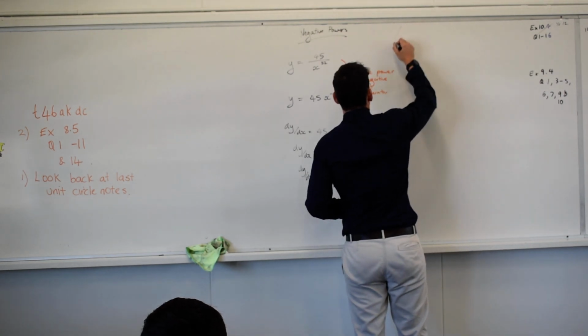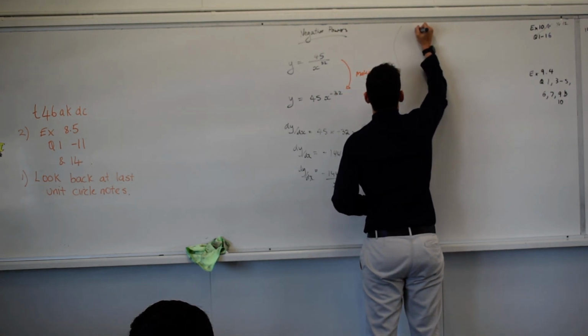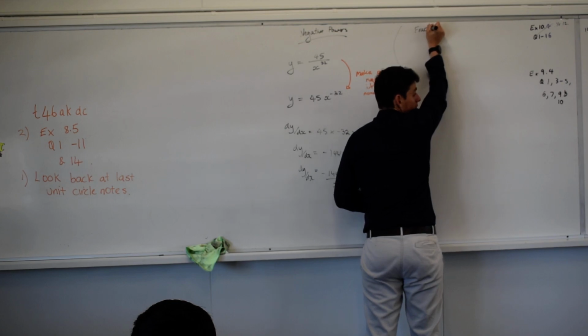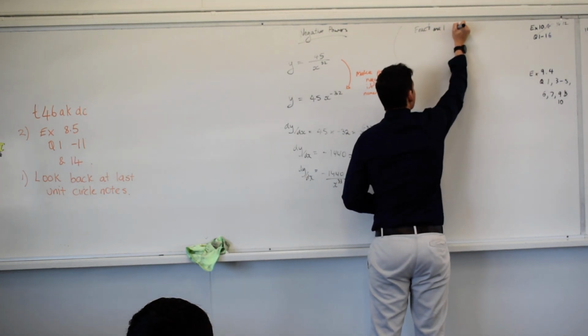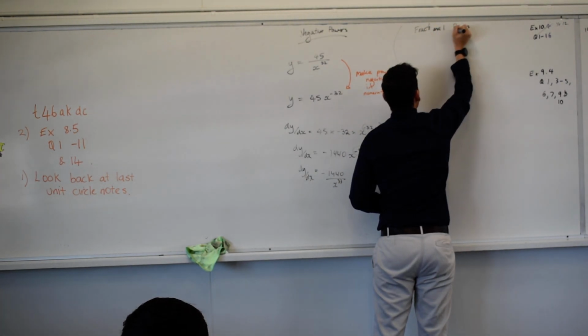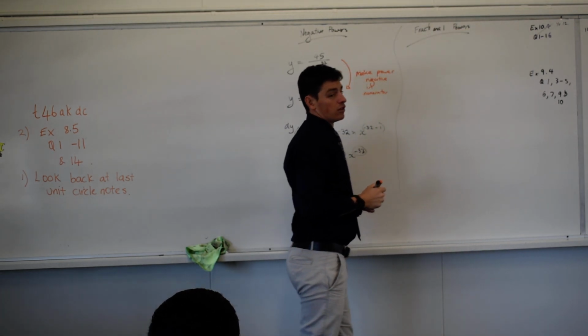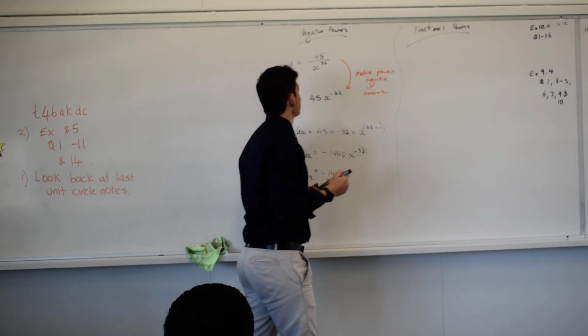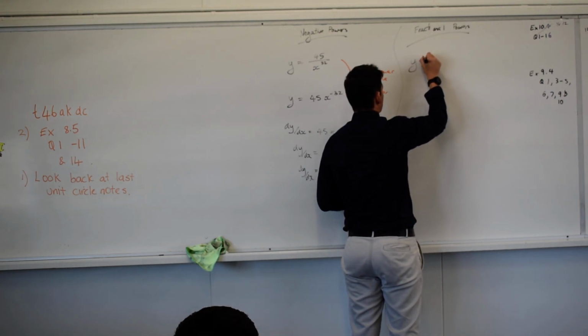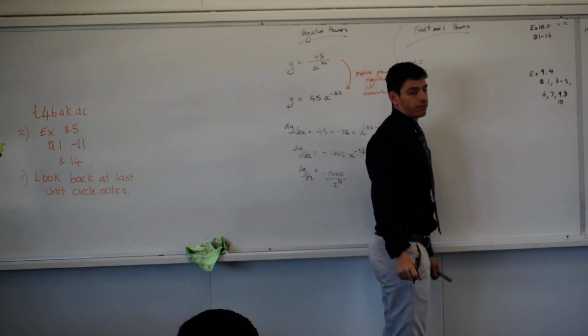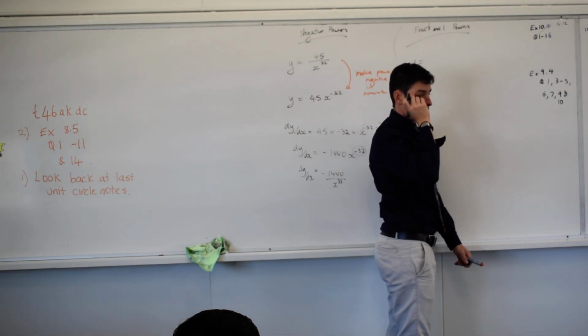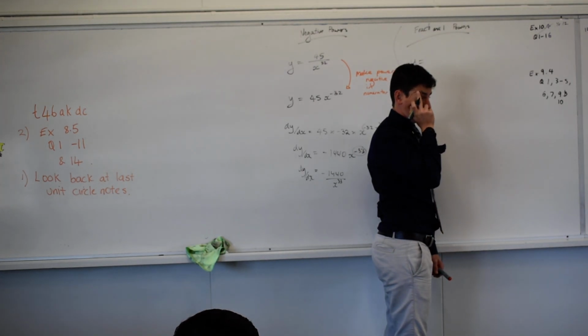Now, who wants to give me a number? Harry said leave it, so Harry's putting his hand up for fractional powers. Give me a function, Harry. Why is x squared? That's not a fractional power.